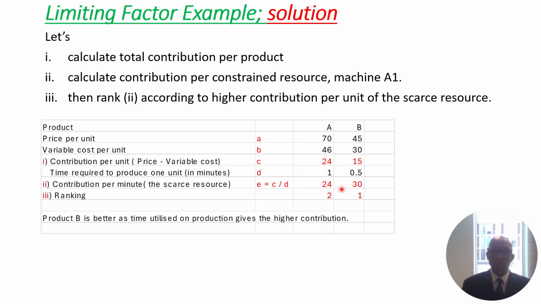That's how we got 24 for product A and then 30 for product B. Ranking them in descending order, product B yielded a higher contribution per limiting factor, 30, compared to A, 24. So B ranks 1 and A ranks 2. It is this ranking that will be used in deriving the optimum mix of production plan.